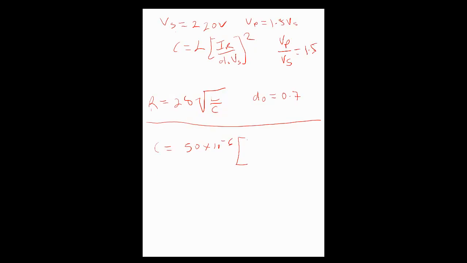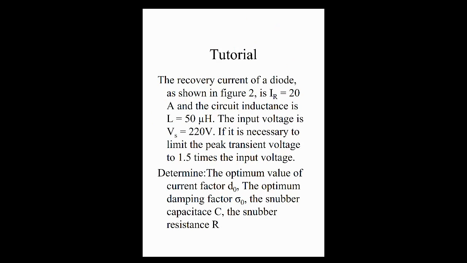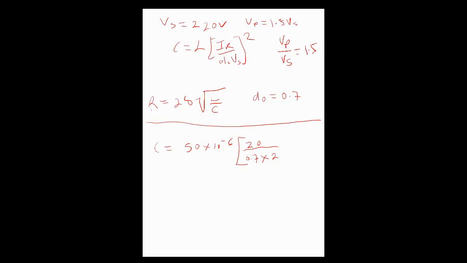So you substitute 20 here. And your D naught, which you obtained from your graph, is 0.7, and your input voltage is 220. Can you work that out? What do you get?